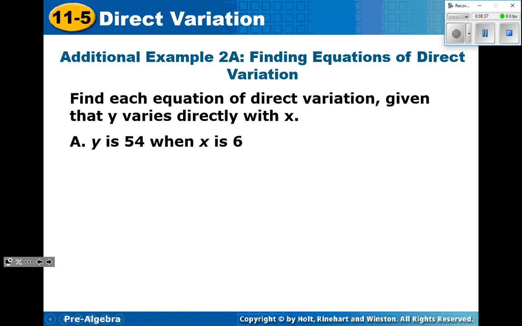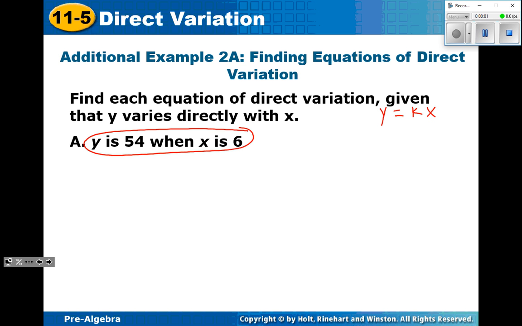Okay, this is a different kind of problem now. It says, find each equation of direct variation given that y varies directly with x. So here's what you need to do. Remember that the direct variation equation is y equals kx. Well, what did they give you?